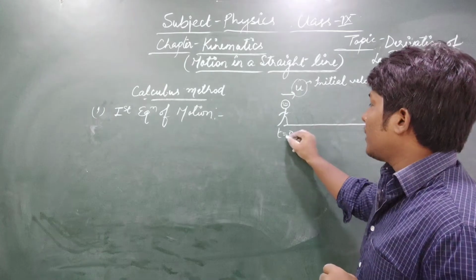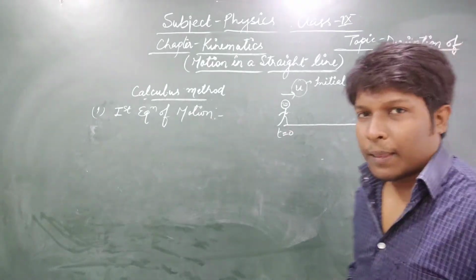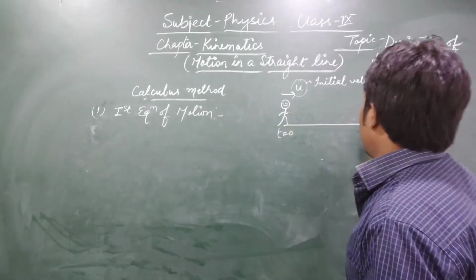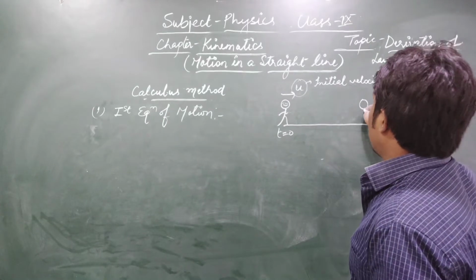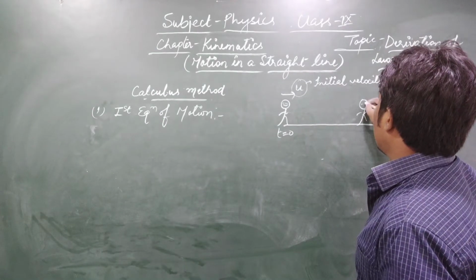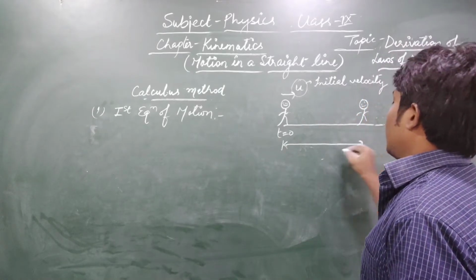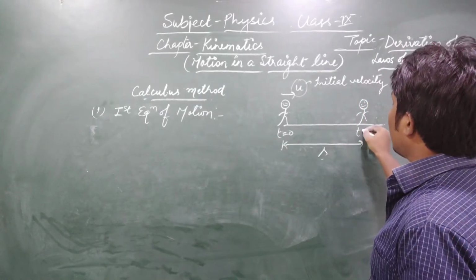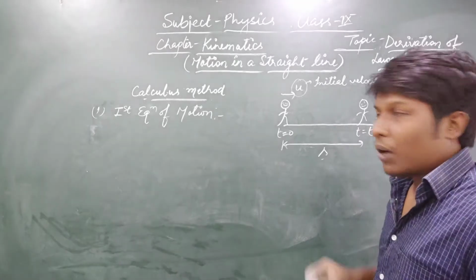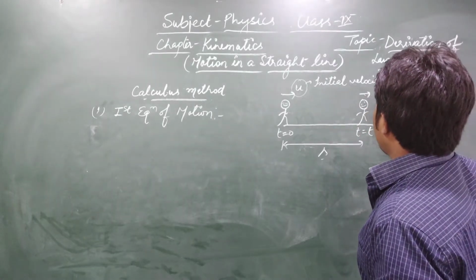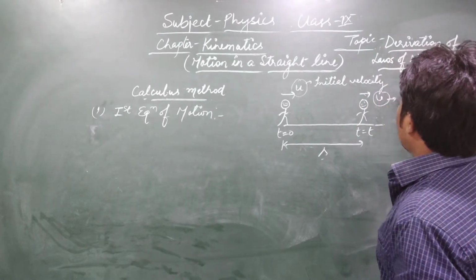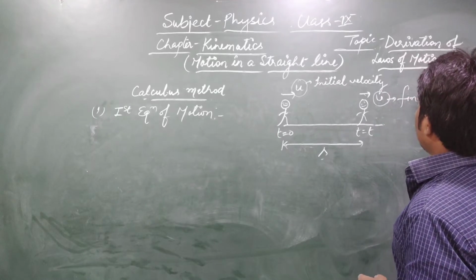So after time t, it covers a distance or displacement s here. At t is equal to t, now it has velocity capital V, and this is called the final velocity.